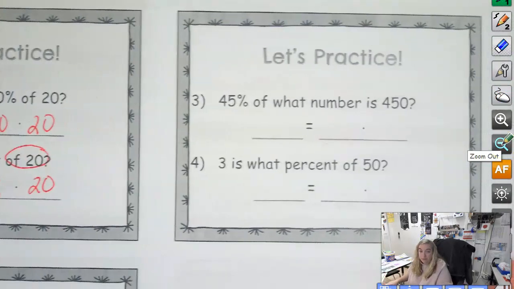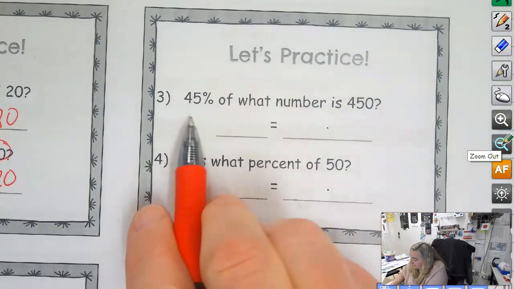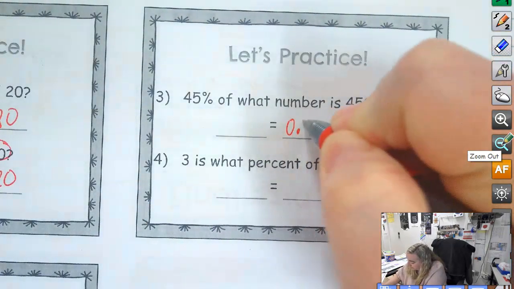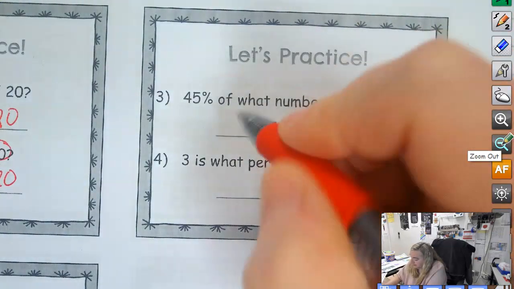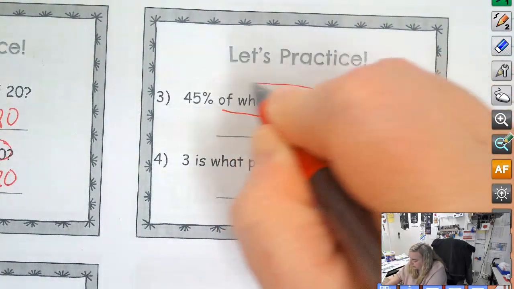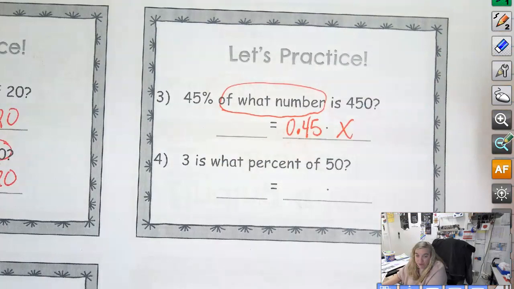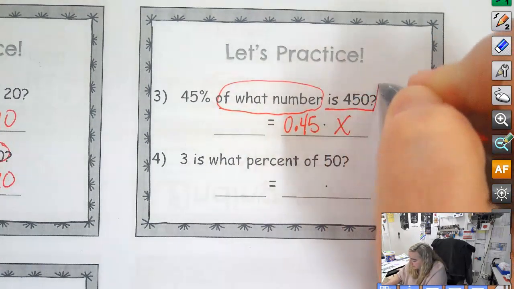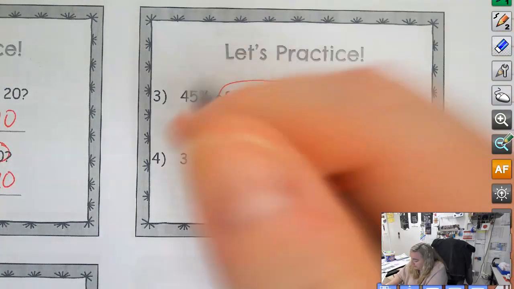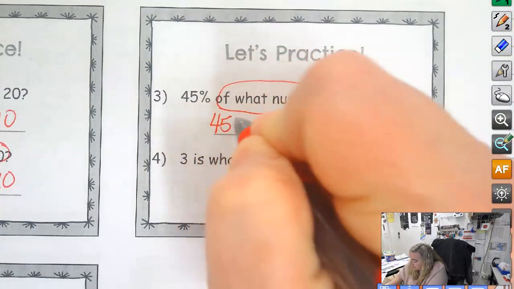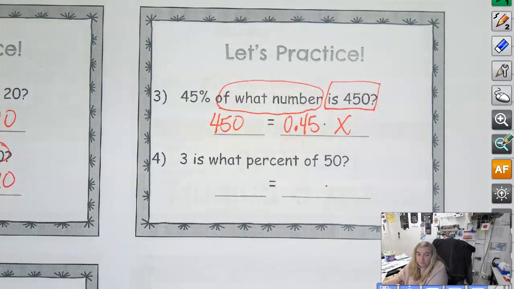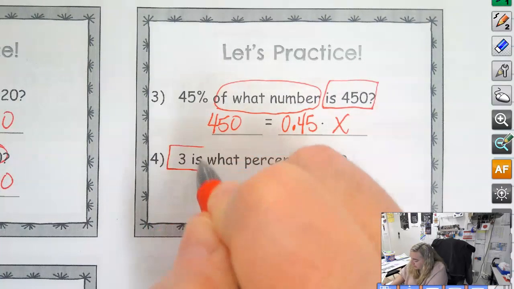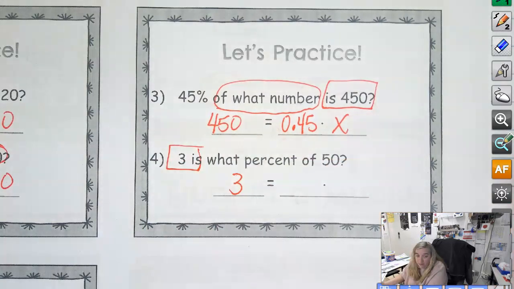So for number 3, 45%. So I have my percent, so I'm going to put that in place of the percent. And then it says of what number? We don't know the of, so we're going to fill it in with an X. And the last part is 450. So I have the is, the part. All right, number 4, I have 3 is, so I have the part.